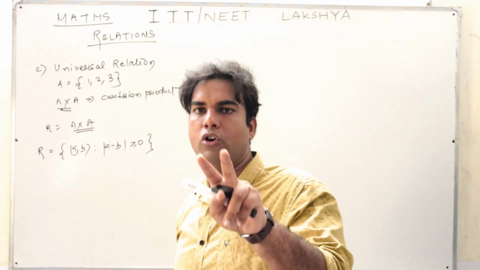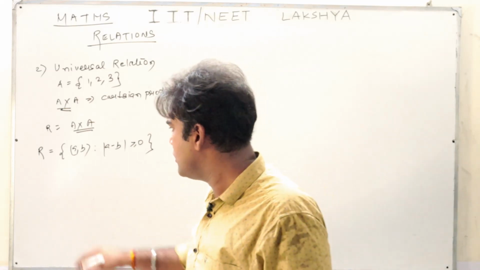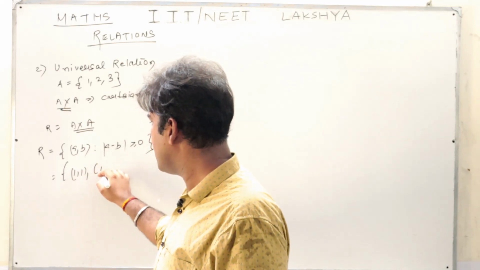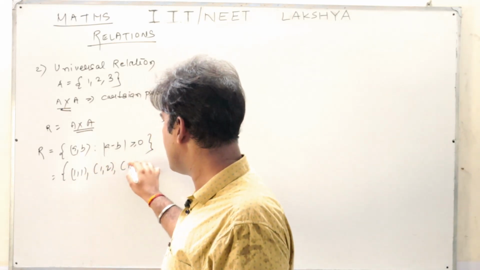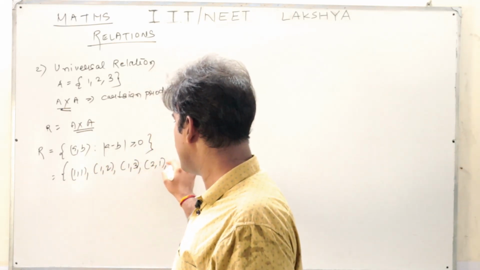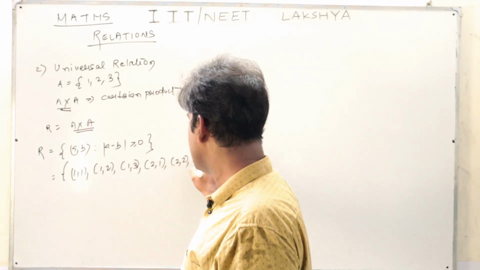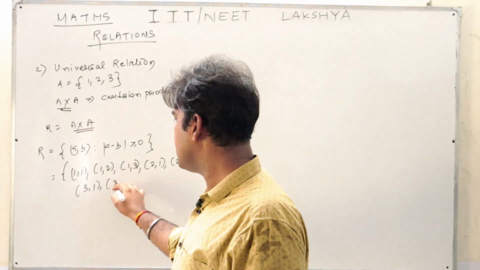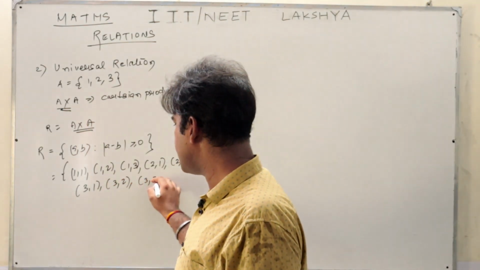You know that modulus is always greater than or equal to 0. So if you try to collect them, you will get 1 1, 1 2, 1 3, 2 1, 2 2, 2 3, 3 1, 3 2, 3 3.